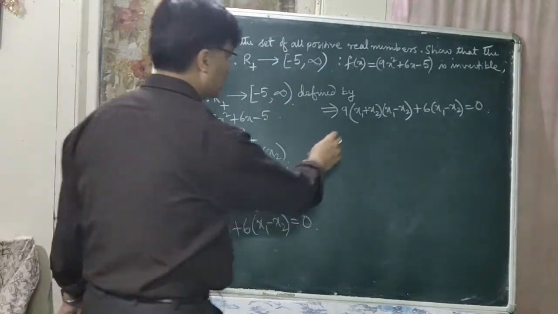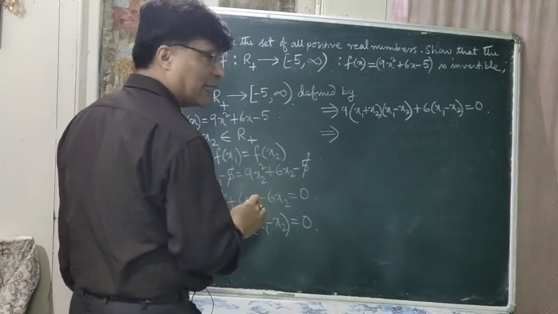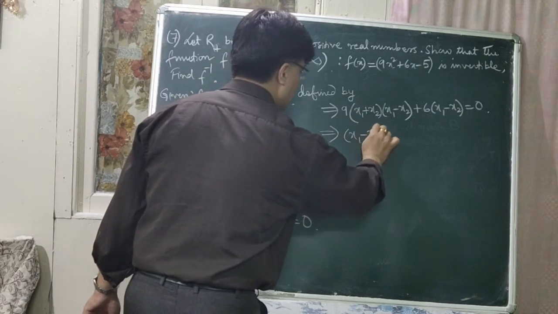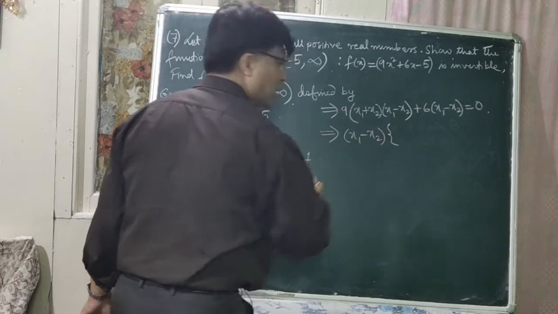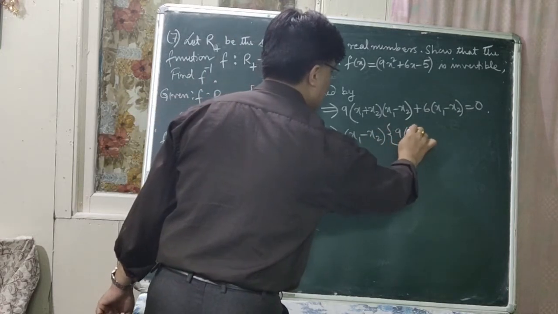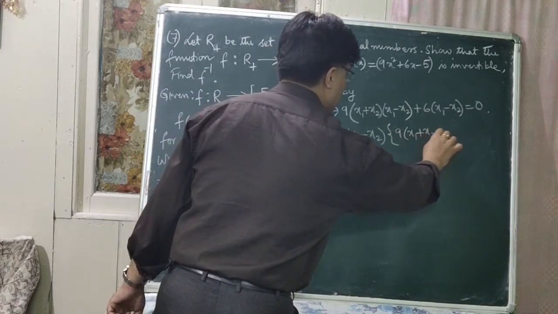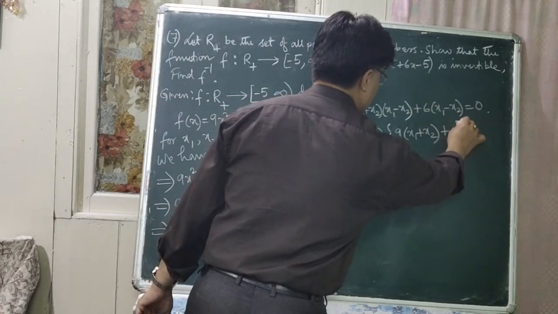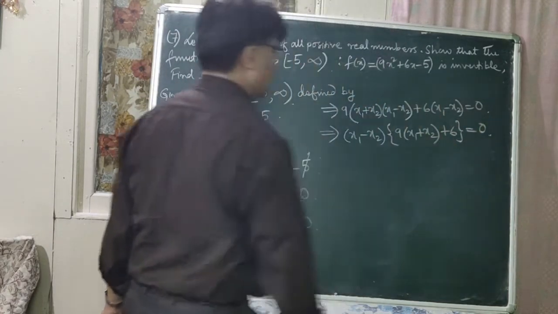Okay, so what is common here? x1 minus x2. So within the second bracket we have 9 into x1 plus x2 plus 6, which is equal to 0.